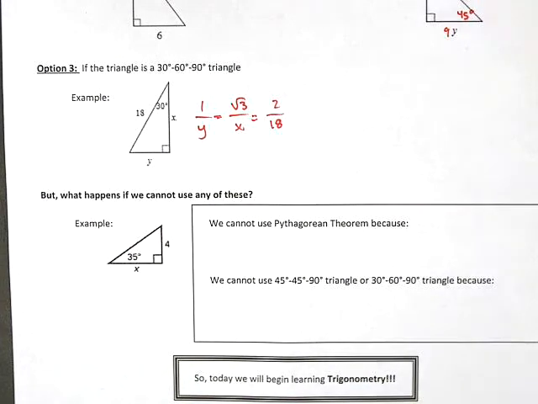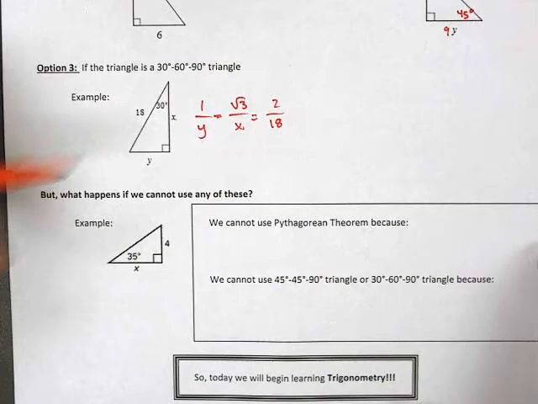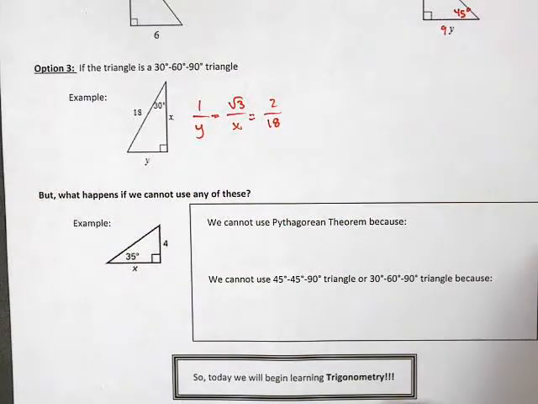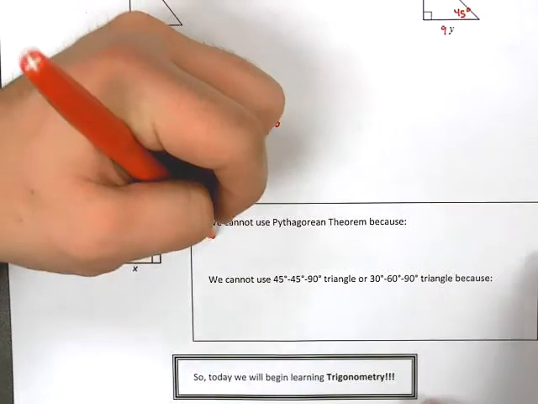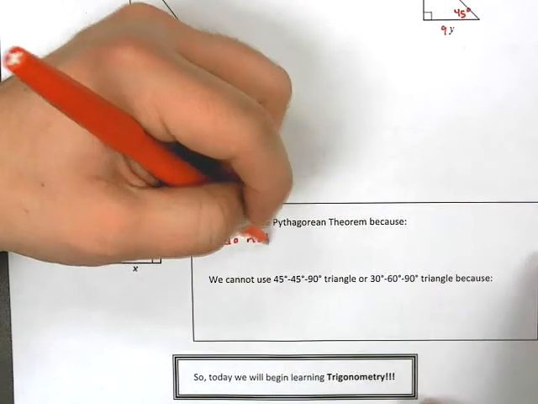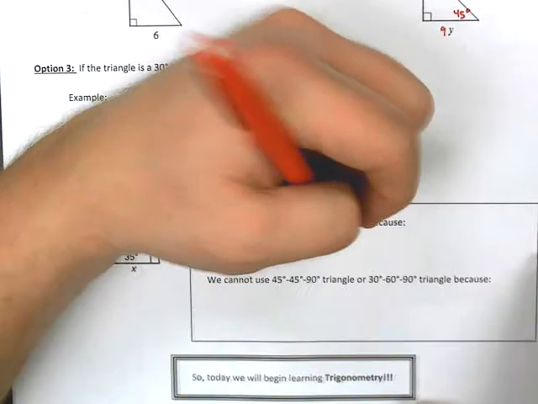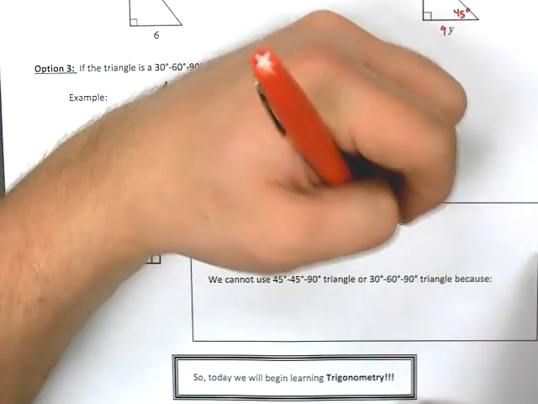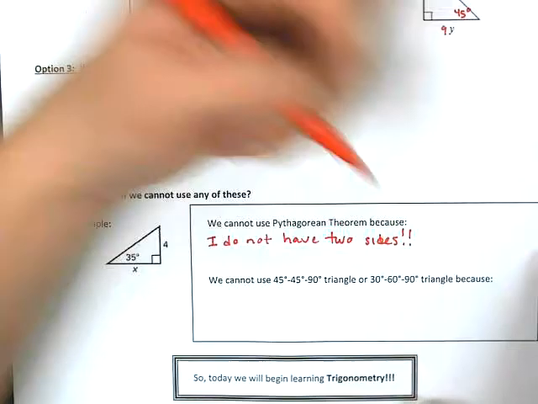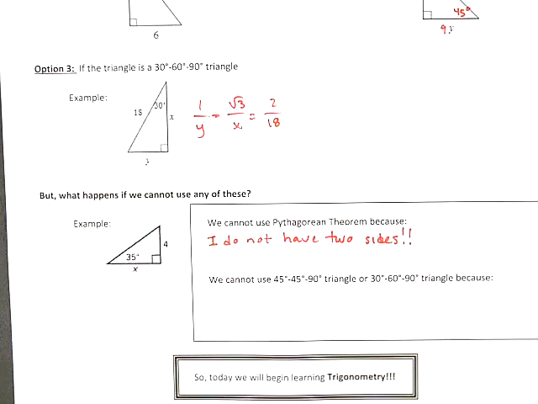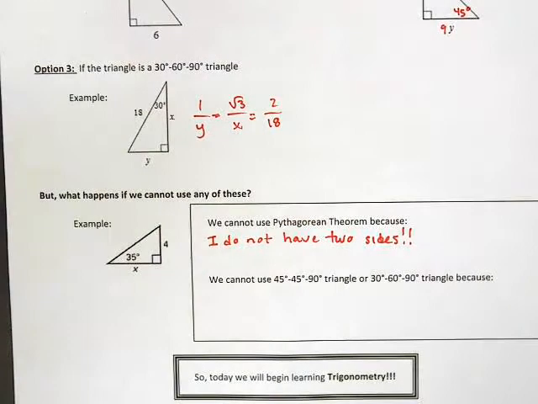Well, this is why we need to use trigonometry, okay? So, we cannot use Pythagorean theorem because I do not have two sides. Okay, please make that recognition. I can only use the Pythagorean theorem when I have two sides.